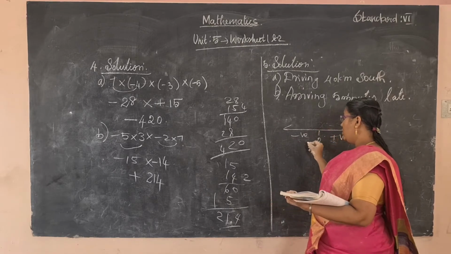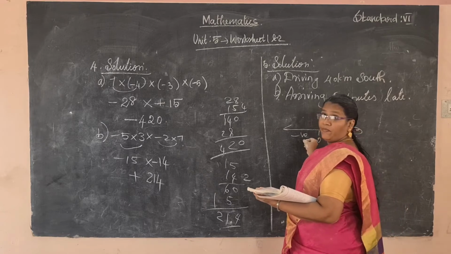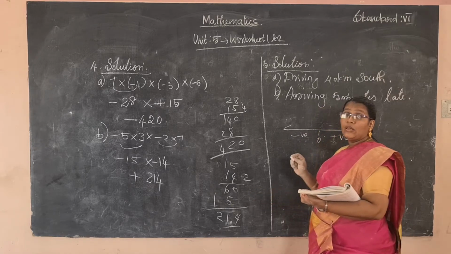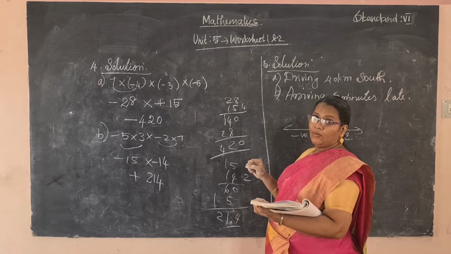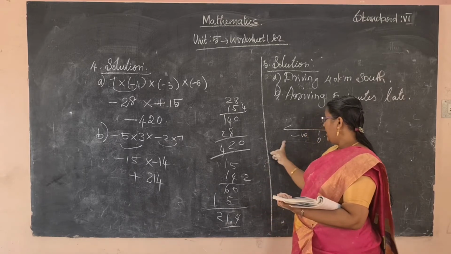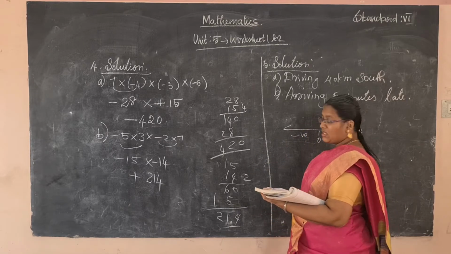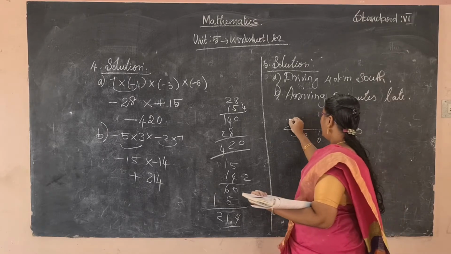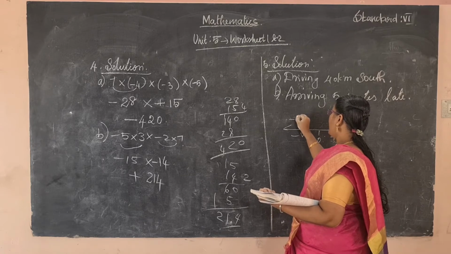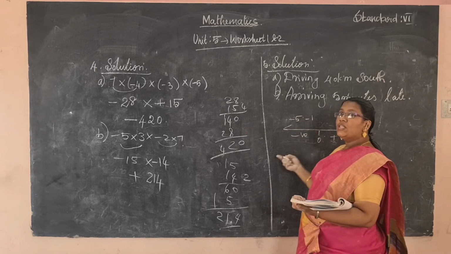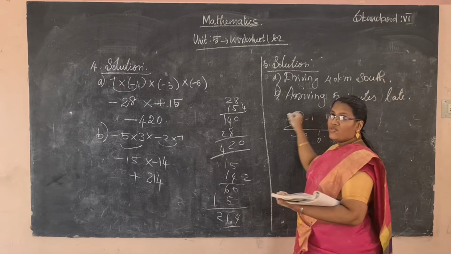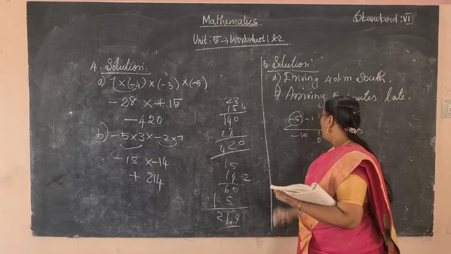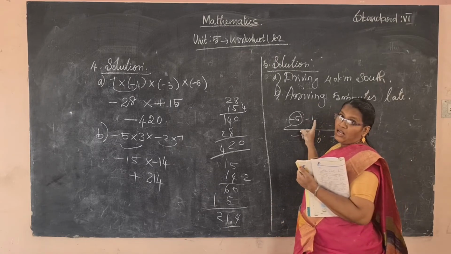All the negative numbers are less than zero, so all the negative numbers are the smallest numbers. Between any two negative numbers, for example -5 and -1, which one is the smallest? -5 is the smallest number, and -1 is the largest number.